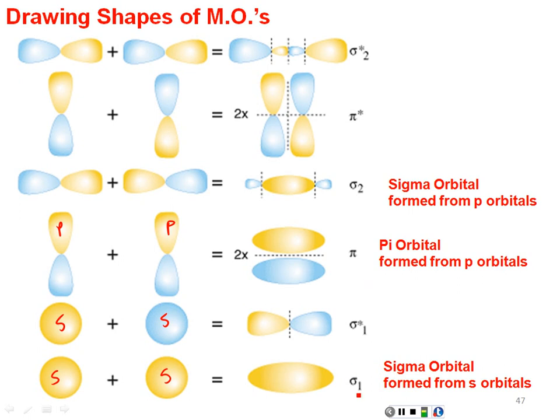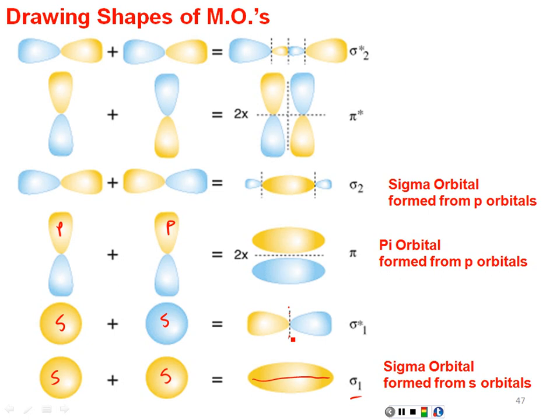We see that the sigma is an oval shape, with electron density along the bond axis. You can show the sigma star as something like this, where the two orbitals are different colors, they're out of phase, and that creates a node.